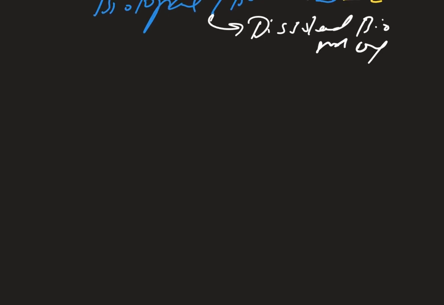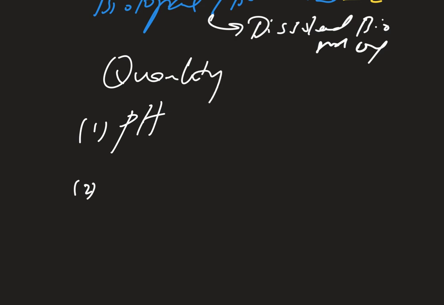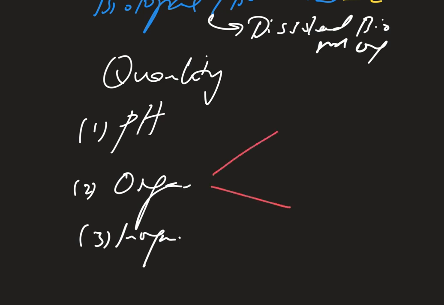So wastewater treatment normally consists of this, and the important parameters are pH, secondly quality, and thirdly what we call organics and inorganics. So this is quite encompassing already. Organics we can divide into two parts: biodegradable, or at least biochemical, or non-biodegradable.